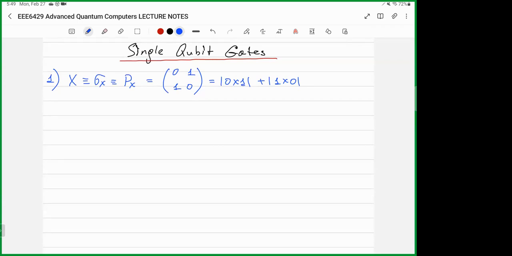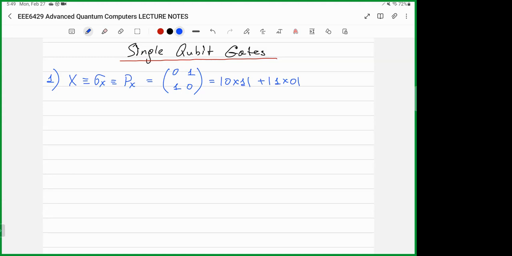And from here we see that this gate basically flips the state. Why? Because if I apply this X gate on the state 0, for example, the product of this element with state 0 gives me state 1, and the product of this one with state 0 equals 0. So I am left with the state 1.